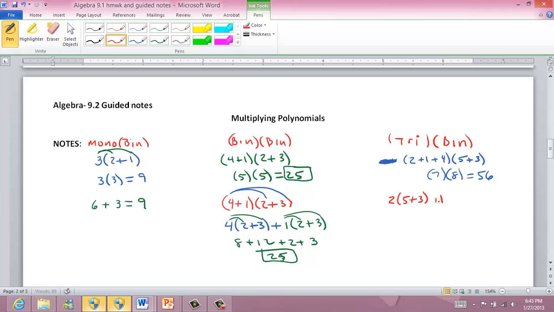Pull out the 1, distribute it to the 5 plus 3, and then pull out the 4 and distribute it to the 5 plus 3. When I do all my distributing, 2 times 5 is 10, plus 6, plus 5, plus 3, plus 20, plus 12. When I add these all up, I get the same answer, 56.